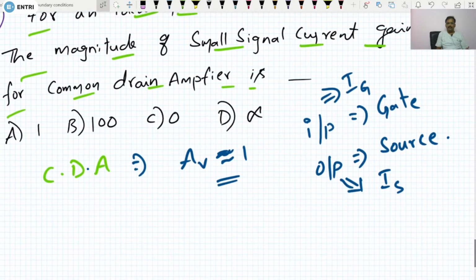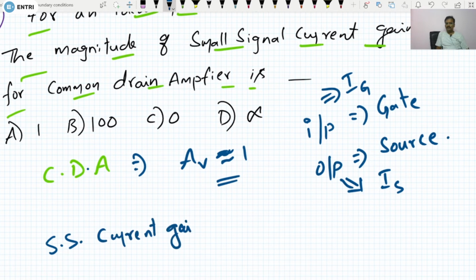So now what is the small signal current gain here? Small signal current gain is equivalent to change in output current, that is delta is, divided by delta ig.